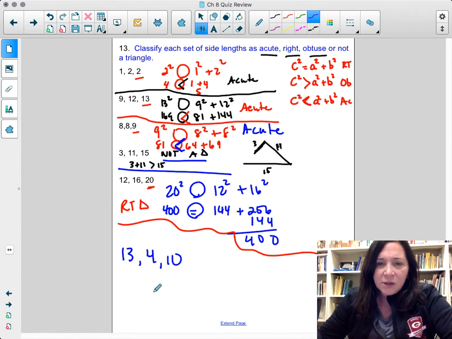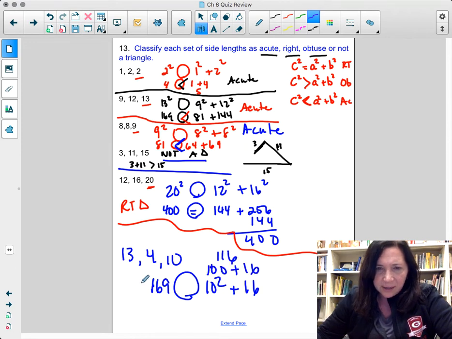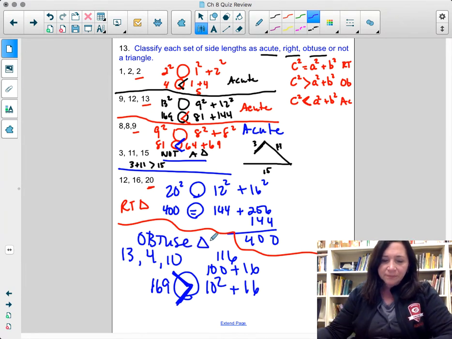That would mean you would have 169, 13 squared, is what to 10 squared plus 4 squared. So that's 16. So 100 plus 16 is 116. And 169 is greater than 116. So this would mean this is an obtuse triangle.